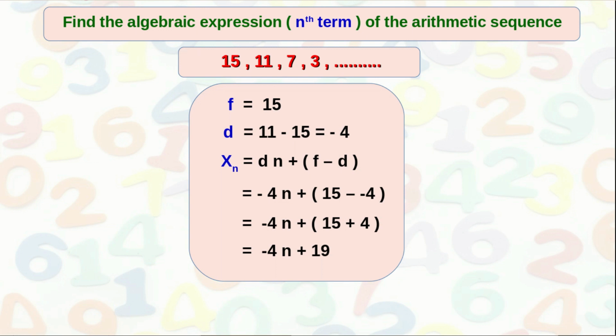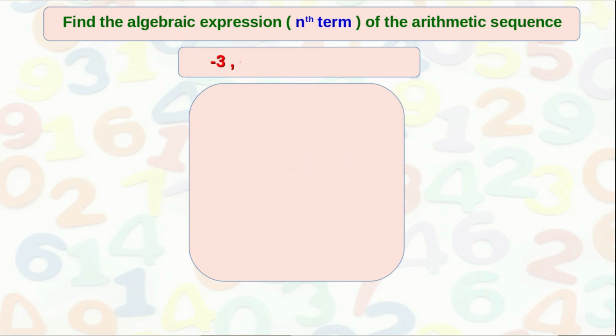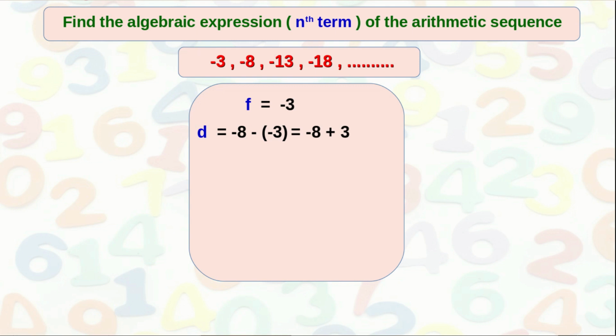Now the next sequence, minus 3, minus 8, minus 13, minus 18, and so on. Write the first term, f equal to negative 3. Common difference is second term minus first term, that is minus 8 minus the first term negative 3, that is equal to minus 8 plus 3. Adding, we get minus 5.